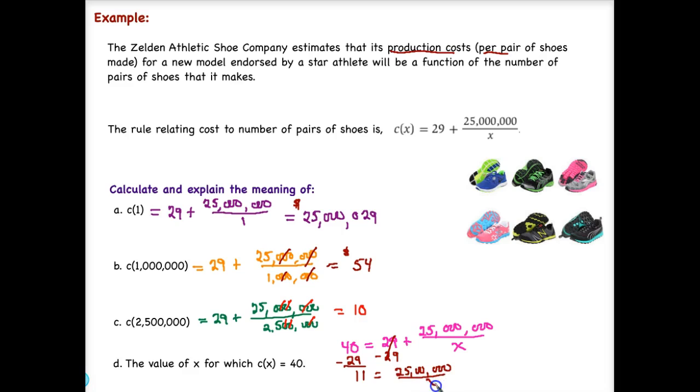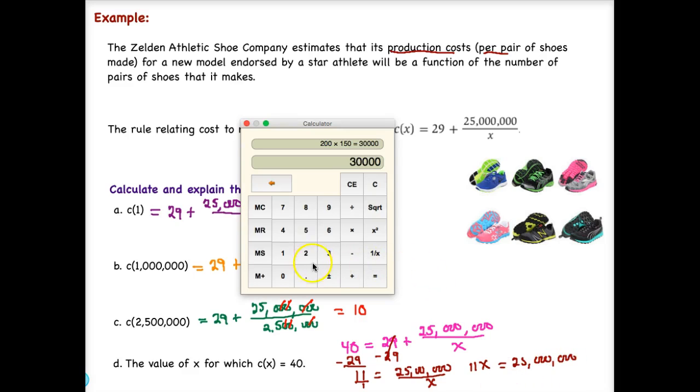At this point, we can just cross multiply. 11 times x is 11x, and 1 times 25 million is 25 million. Finally, we take the 25 million and divide by 11, and the reason I'm dividing by 11 is because I need to eliminate it from the left side. 11 divided by 11 is 1, so I'm left with 1x equal to this amount.